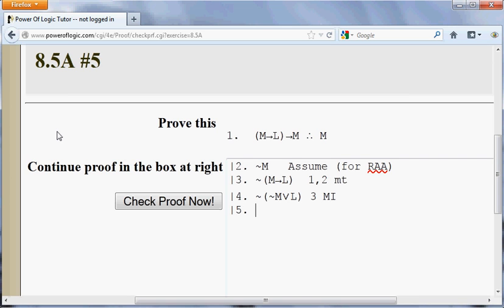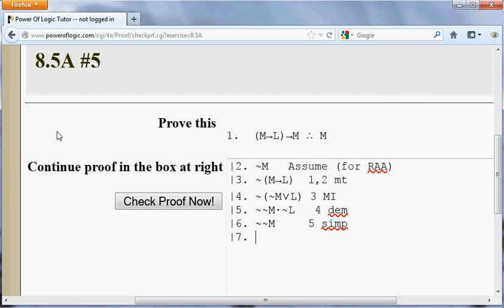But still, it's not going to be such a bad proof because now I could use De Morgan's on line 4, make it not M and not L for De Morgan's. Okay, still in the scope of the assumption. If I take not M and simplify that from line 5, a 5 simp. I'm almost done.